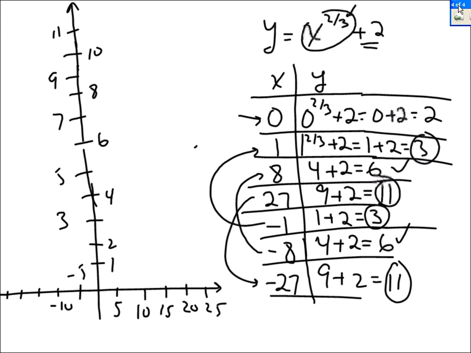Okay, so when x is 0, y is 2. That's right here. When x is 1, y is 3. When x is 8, y is 6. 8 is around here, it's 6. When x is 27, way to the right, it's way up to 11.